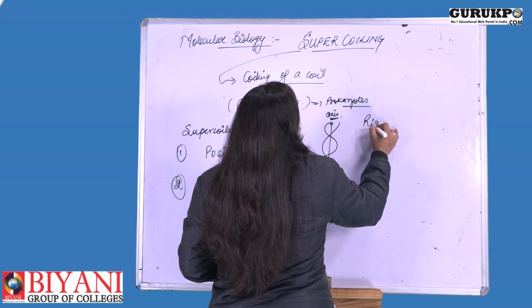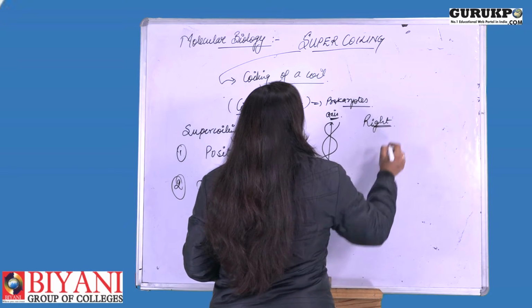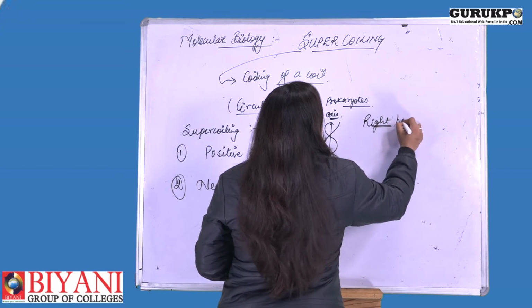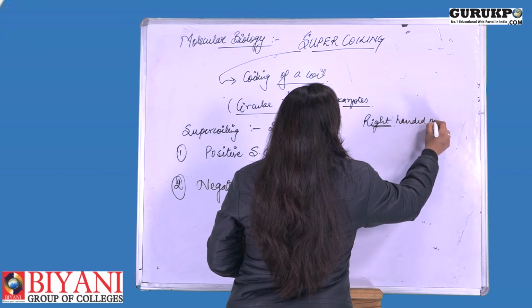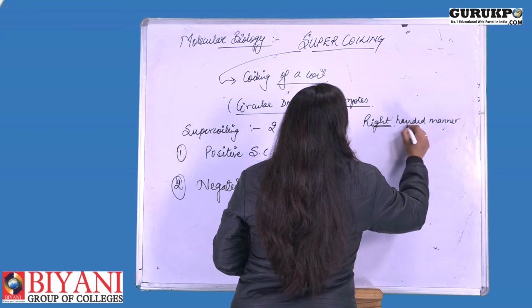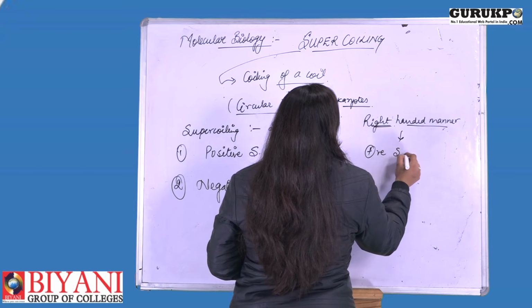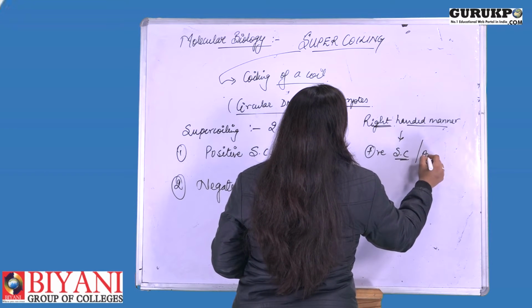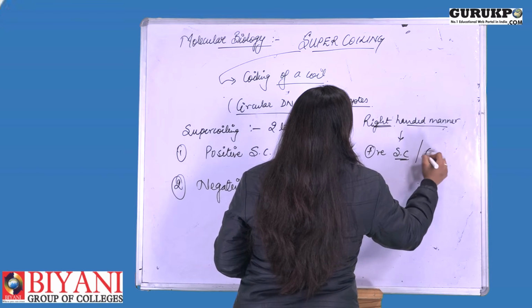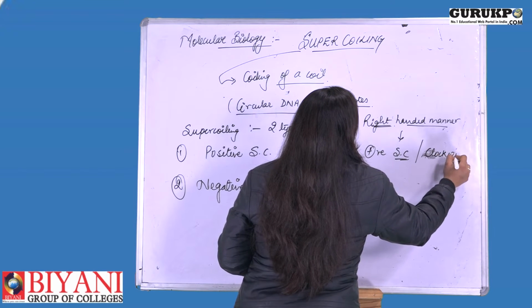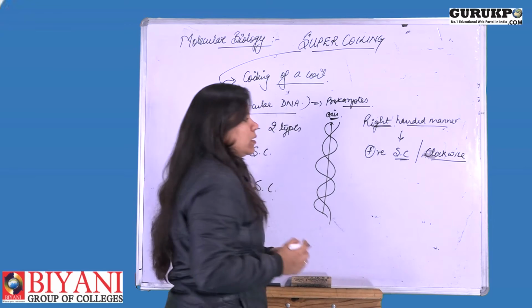Whenever the coiling occurs in a right-handed fashion, it gives rise to positive supercoiling, or you can say the clockwise direction of coiling.